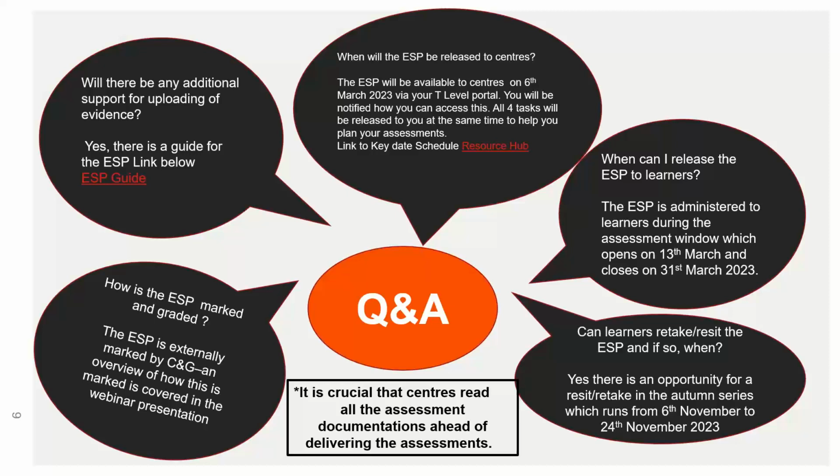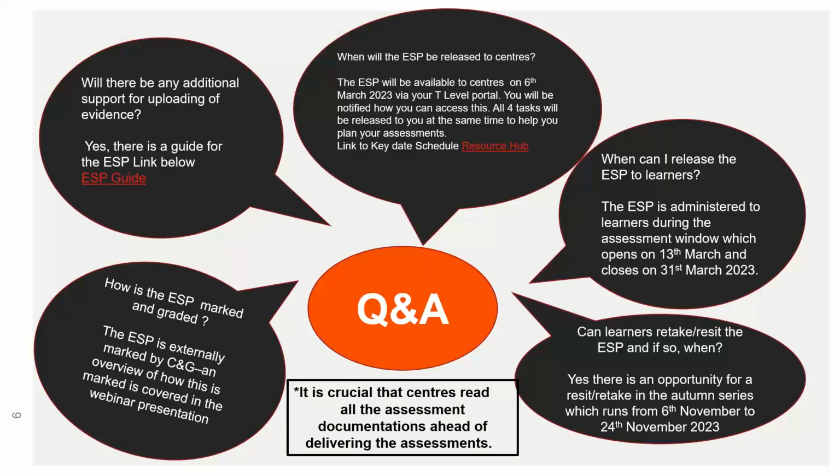When will you get the ESP? It's that project on March the 6th, and it will be via your T-level portal, and you will be notified in advance of how you can access this. All 4 tasks are going to be released to you at the same time, and that's really to help you plan your assessment and your curriculum planning.